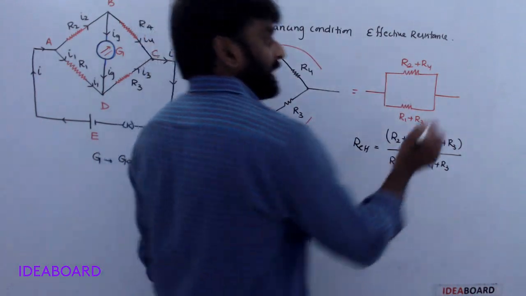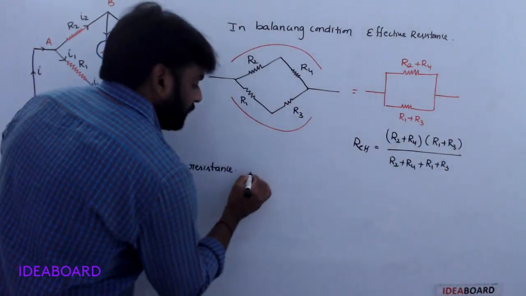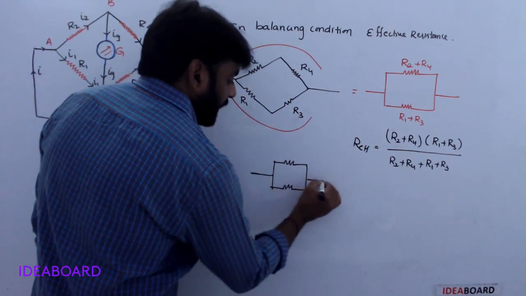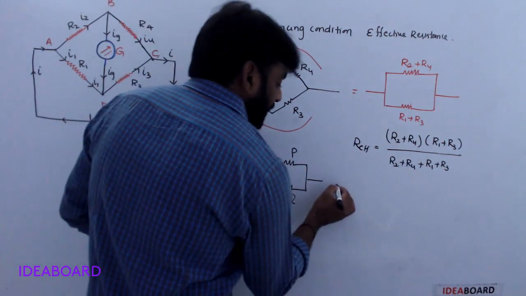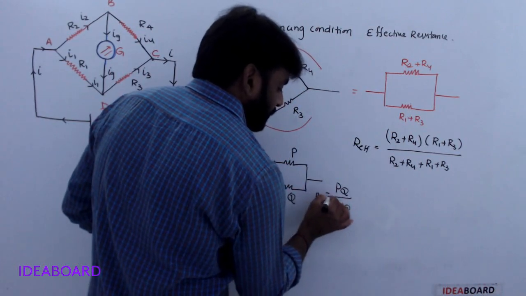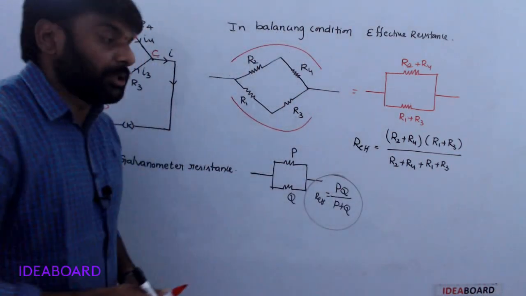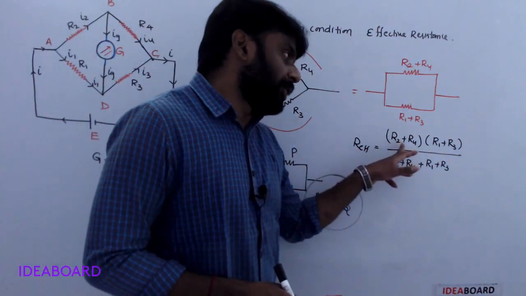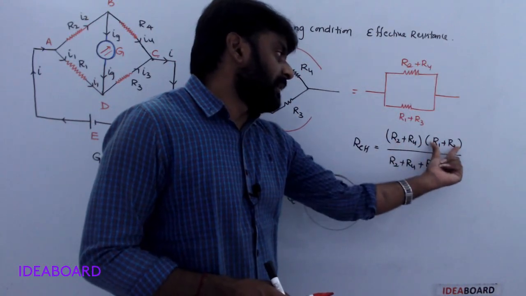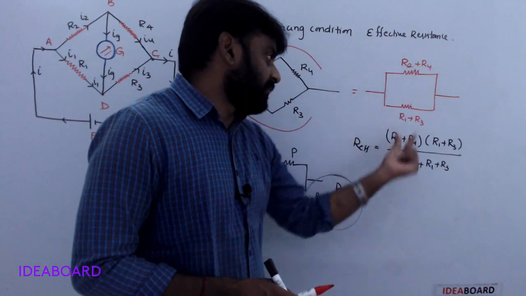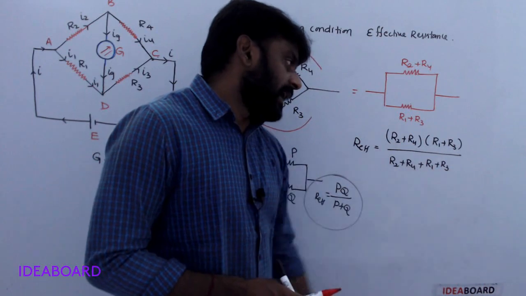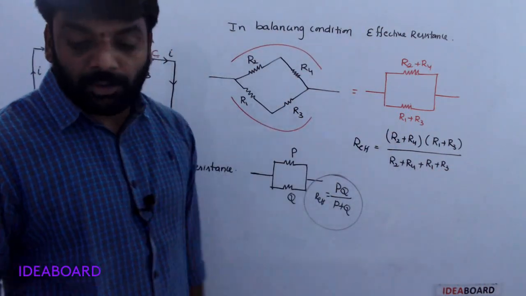You know, for two resistors P and Q in parallel, the effective resistance is P into Q by P plus Q. Here P is R2 plus R4, Q means R1 plus R3. P plus Q is R2 plus R4 plus R1 plus R3. It is the effective resistance.